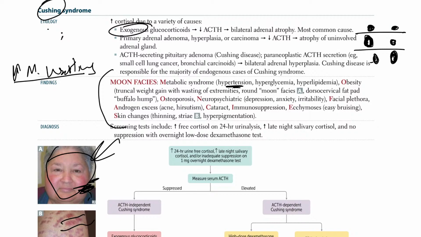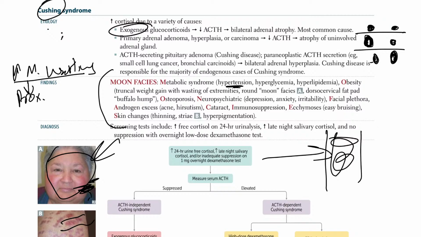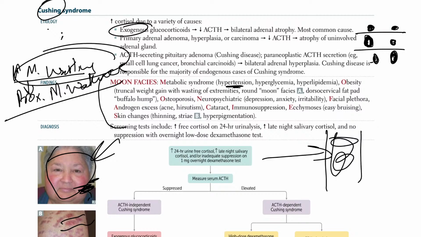And why is it causing muscle wasting? Because it wants gluconeogenesis to work so that it can put all that glucose into the blood. All right. And importantly, it's going to cause proximal muscle weakness, because you're losing that muscle.